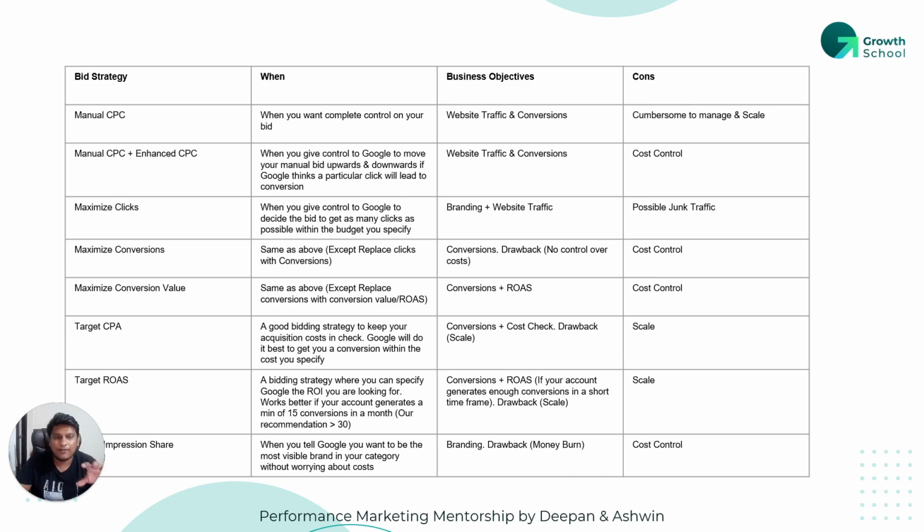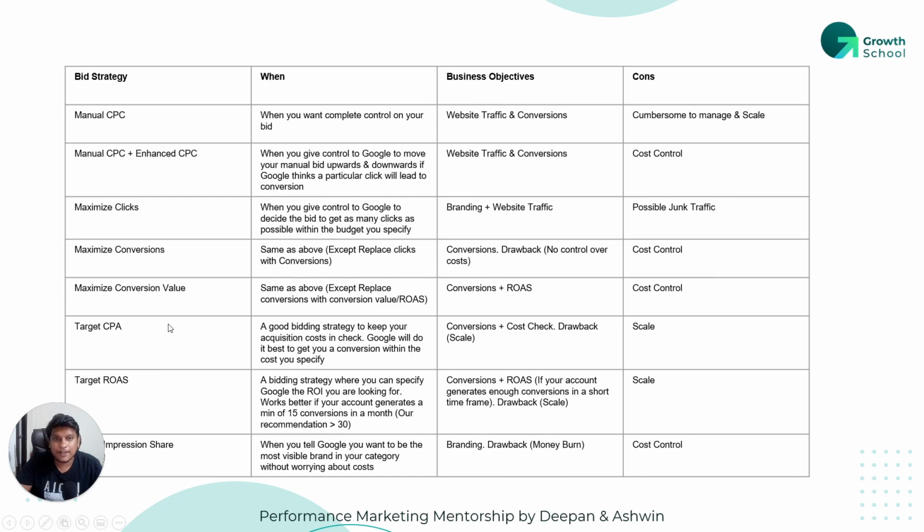Instead of going after customers who will transact 500 rupees with you, Google will look for customers who will transact higher with you, 1,000 rupees or 2,000 rupees, right? It is too good to be true kind of a strategy, but it has its own drawback, the cost control. What is the point of making additional money when the cost per acquisition is also very high? To make 2,000 rupees as revenue, if you end up spending 2,000 rupees to acquire that customer, it doesn't make any business sense, right? So the problem here is cost control.